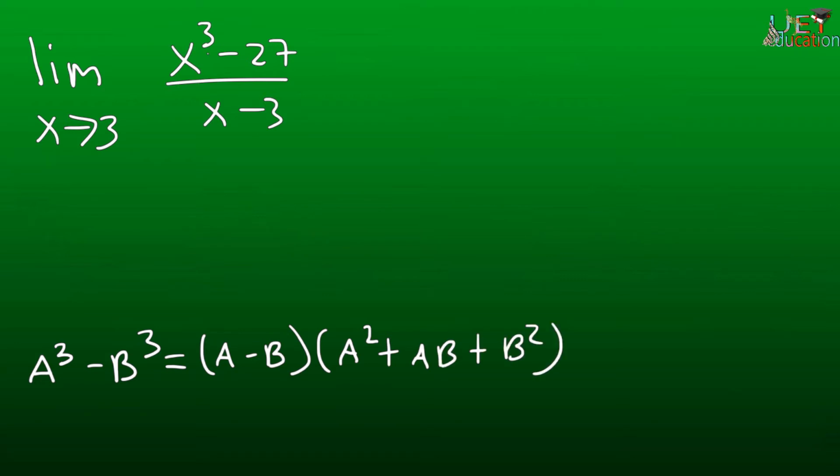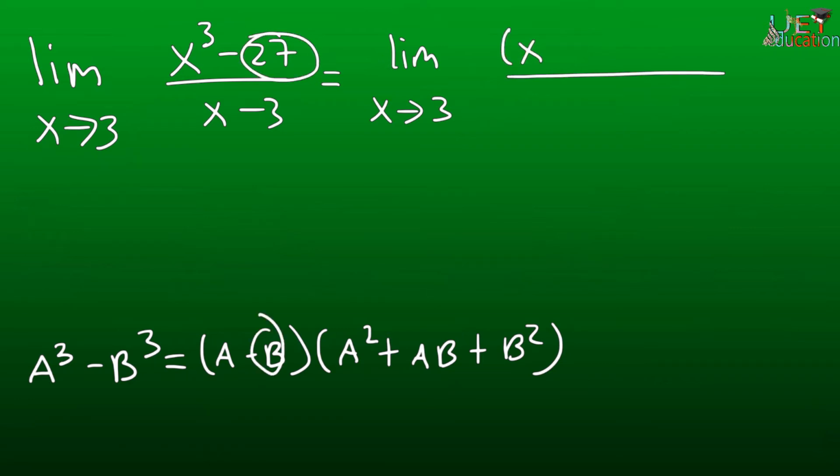So in our example, a to the third is like x to the third, and b to the third is 27. So a is the cube root of x cubed, which is x, and b is the cube root of 27, which is 3.